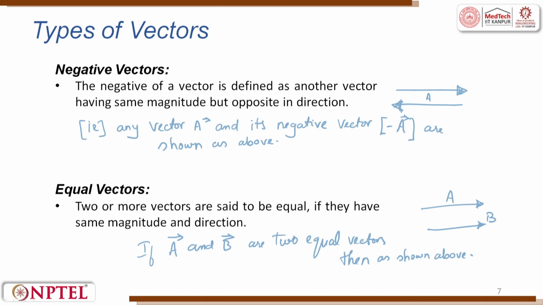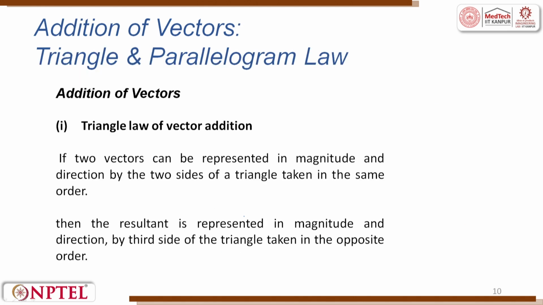A vector having the same magnitude and same direction becomes positive, and if it is opposite, it becomes a negative vector. Now, we have understood scalar quantity, vector quantity, types of vector. With this understanding, we will move on to addition of vectors by triangle and parallelogram law.